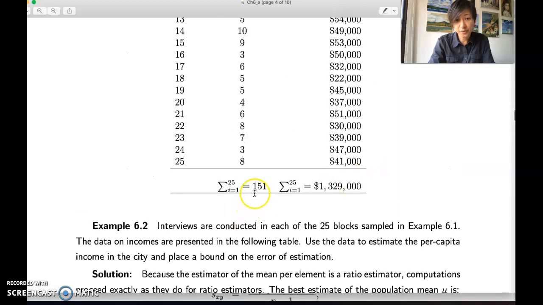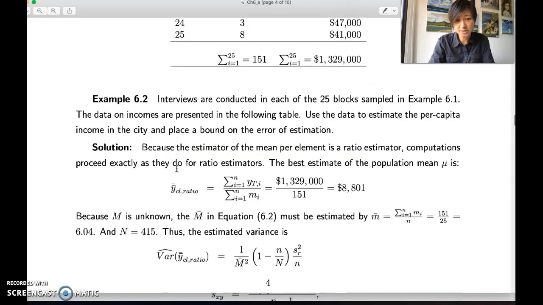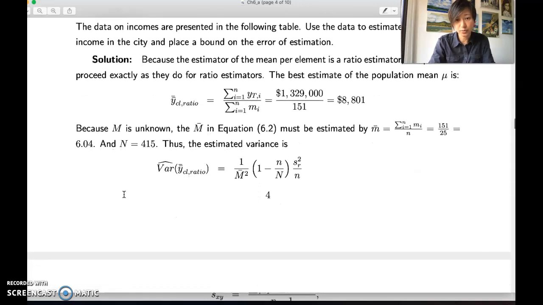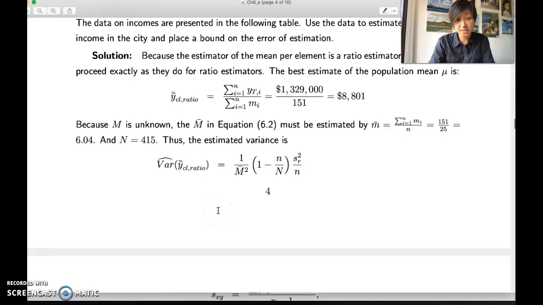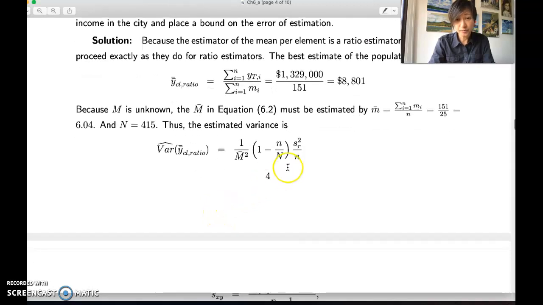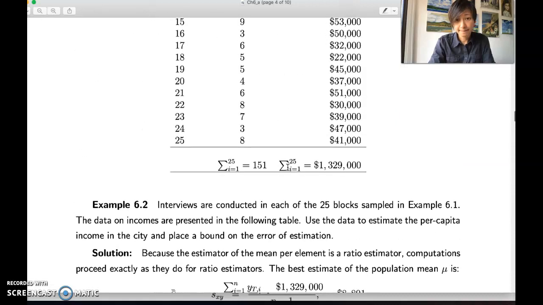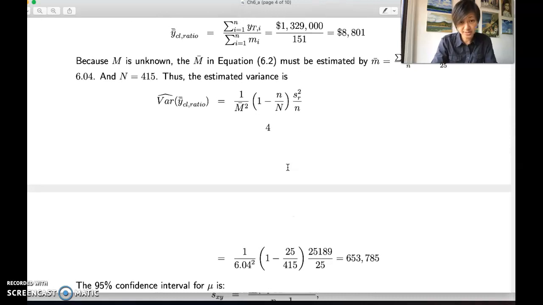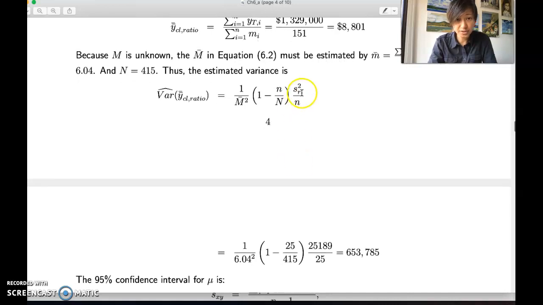So we have 151 individuals in total out of the 25 clusters. So on average, the cluster size is around 6.04. And we also know that capital N is 415 clusters in total in the population. So we can estimate all this and plug that into the formula for the estimated variance. Again, we should be able to calculate SR square like the ratio estimator, using the formula.